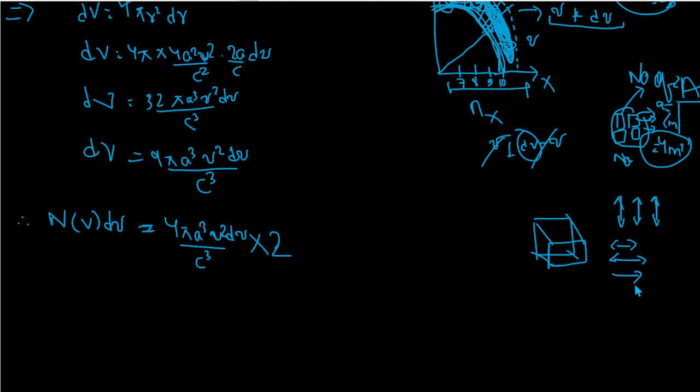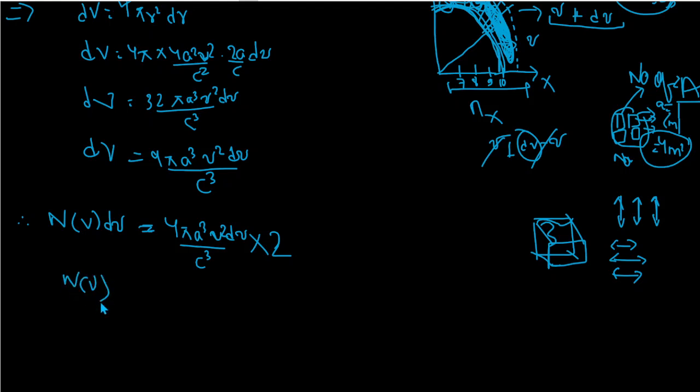This is the meaning of polarized light: the electric field is only in one direction. So in this case of the cube, for every given electric field in a certain direction, there corresponds an electric field oscillating in one more direction also, and that is why we are multiplying it by 2. If I multiply it by 2, then it will give the total number of standing waves.